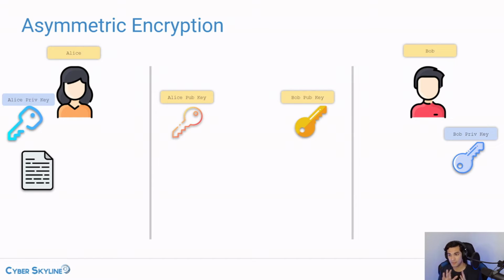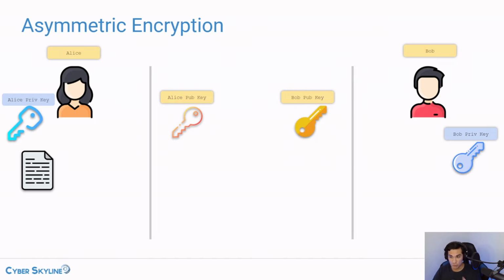Another thing to note: I'm showing four keys here. The two keys that Alice has are not going to be used in this example. Alice has her own keys so that if Bob wants to send her a message in the future, he will use Alice's key. When Alice is sending a message to Bob, she only uses Bob's public key.